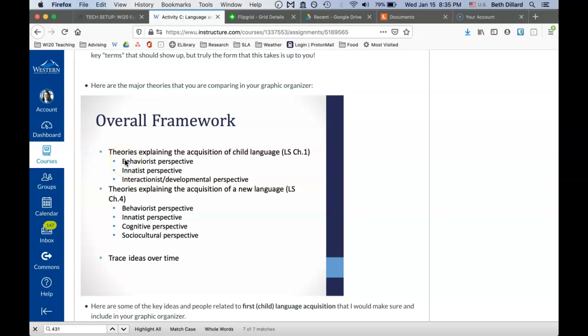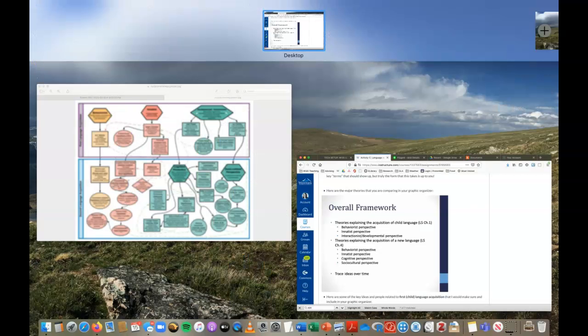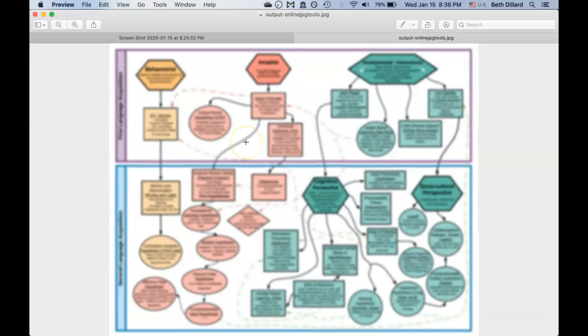So when you're drawing your graphic organizer, for example, you might be drawing arrows leading from behaviorist ideas for how children learn to behaviorist ideas for how people learn a new language. So I'm going to go back briefly to this one example. And what you can't see here is this purple rectangle.